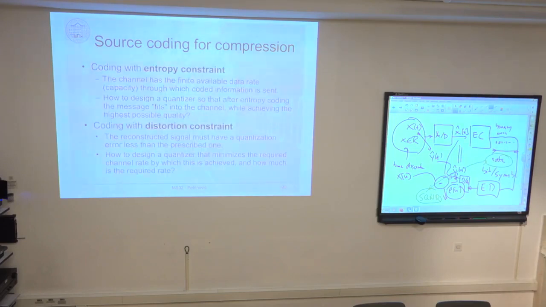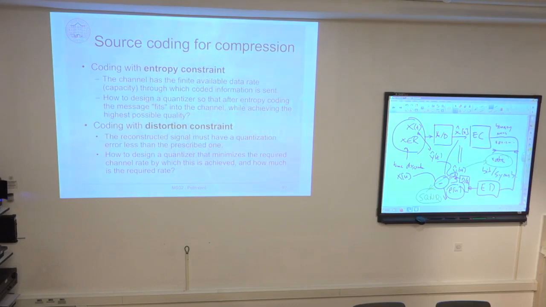Okay. There are two possibilities how we can construct such a system. One would be entropy constraint. It means that, for example, our channel has the highest possible transmission rate, 3 bits per symbol. I cannot transmit more than 3 bits per symbol because it is the capacity of the channel.